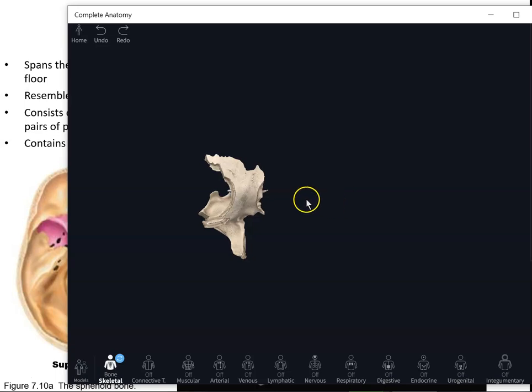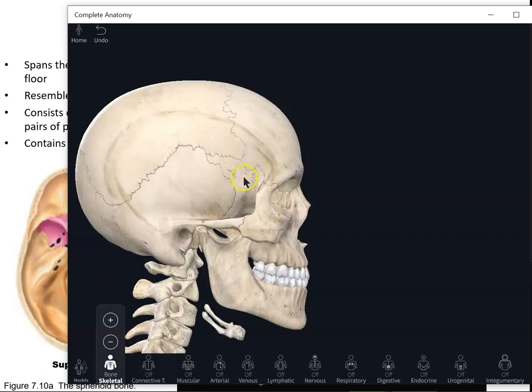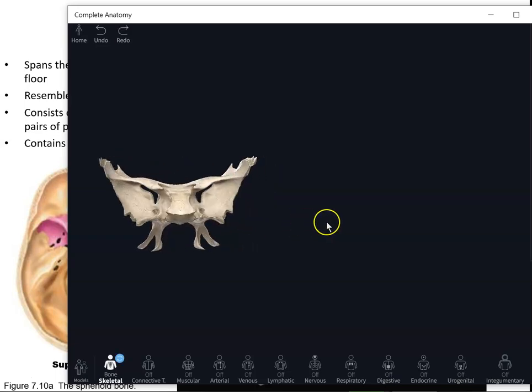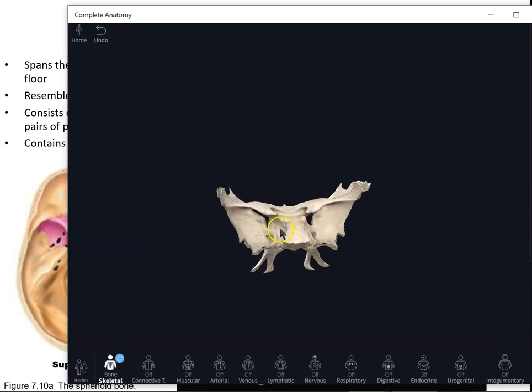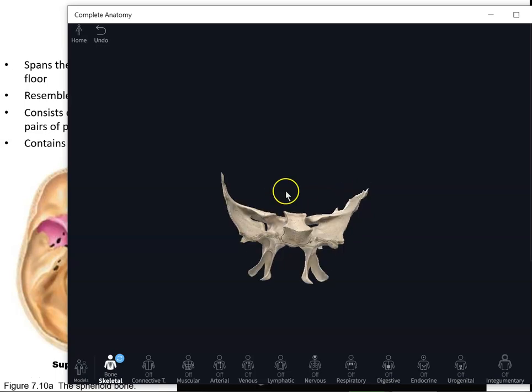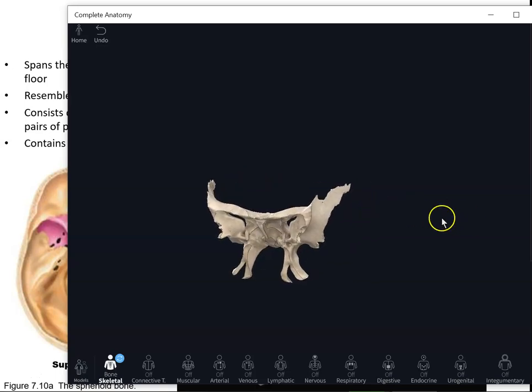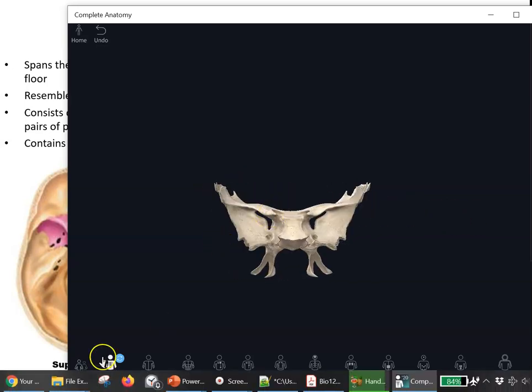So here we're looking at the outside of the skull. Sphenoid bone right here. Here we see a couple different things. We have what's called the wings of the sphenoid bone.